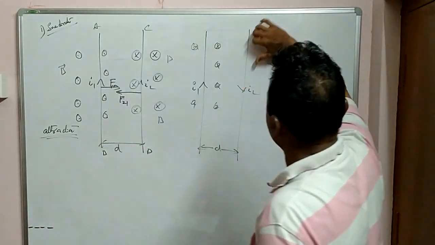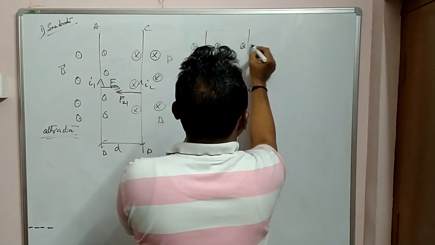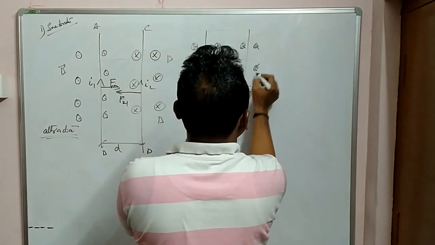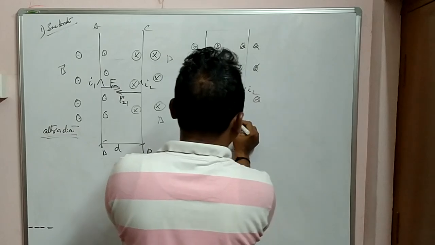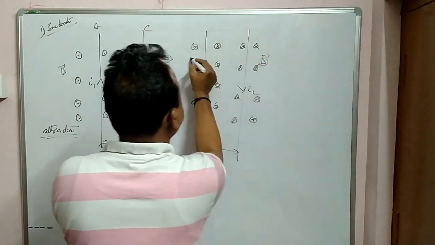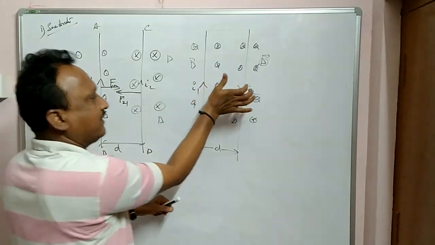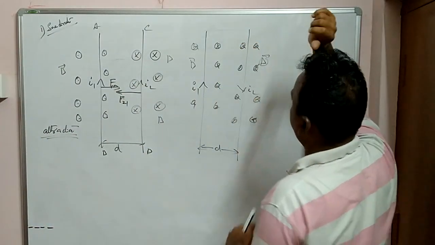Again this one, into the board. So in both cases it will be into the board. You can check it: in anti-parallel, if you apply, into the board. Here also, into the board.